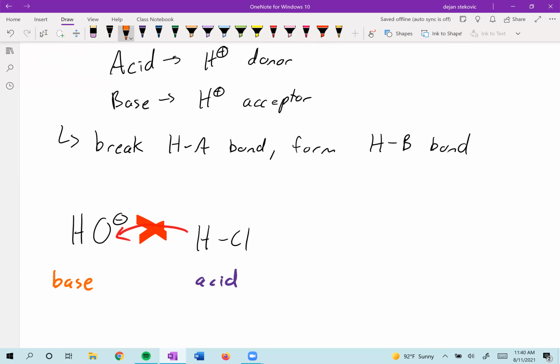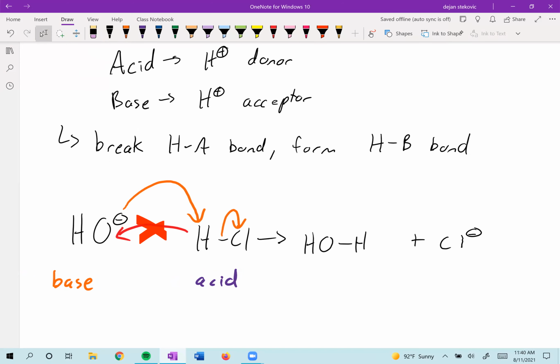Instead, what's going to occur is that the base is going to form the H-B bond. So the electrons are going to come from the base, and they're going to attack our hydrogen. And then at the same time, this hydrogen-acid bond, in this case this chlorine, that bond is going to break, and the electrons are going to go onto the chlorine to give us our products, which will be water and this chloride minus, right?